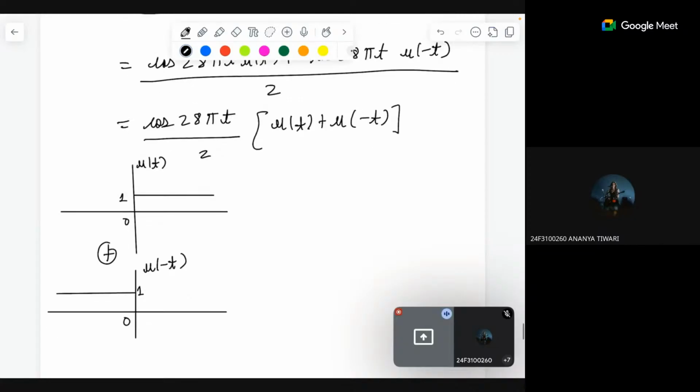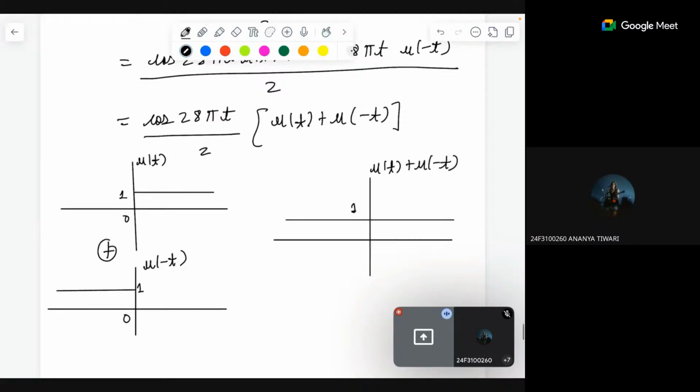Now we have this thing in the bracket, u(t) plus u(minus t), that I have drawn here. The first one is u(t). The second one is u(minus t). When we add them, what will we get? A DC signal. Yes, a DC signal with an amplitude of 1.